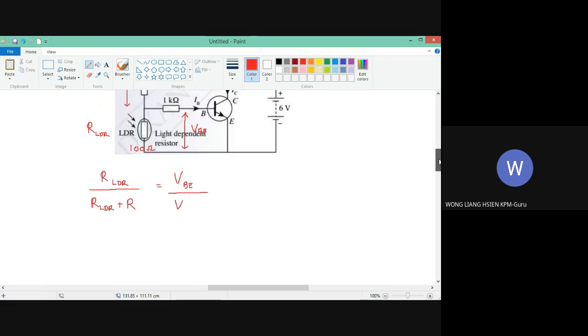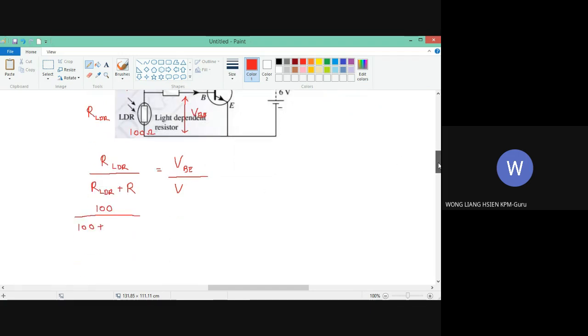So you see, the resistance of LDR is only 100 ohm. So 100 over 100 plus 10,000 equals the voltage between base emitter over the total, which is 6 volt.